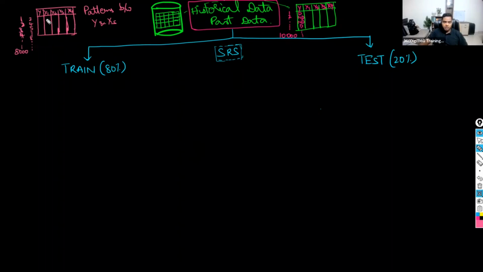So if the age is 32, gender is male, education is graduation, income is say $10,000, probably a person of this kind will not default. So this pattern is learned: if age is 32, gender is male, education is graduation, income is $10,000, people will not default. So your model has learned that pattern.